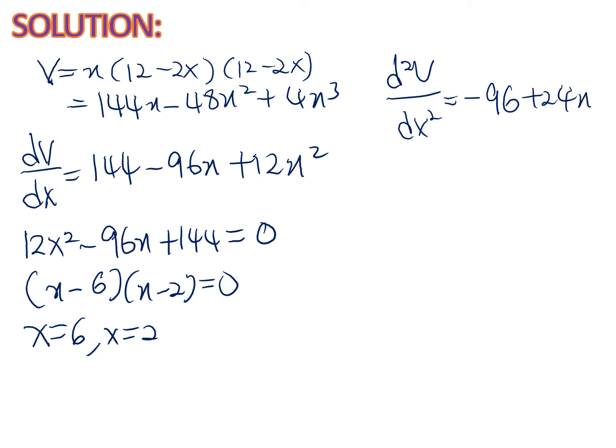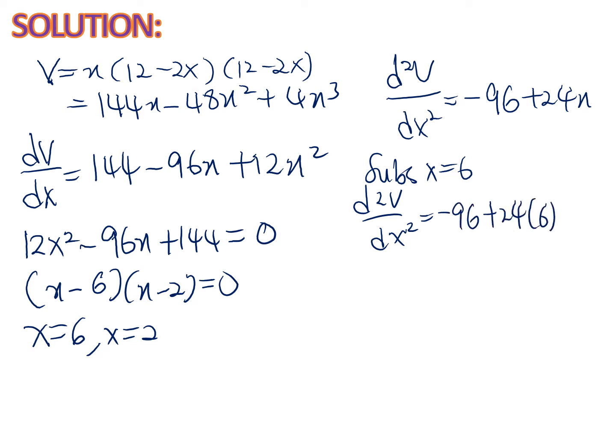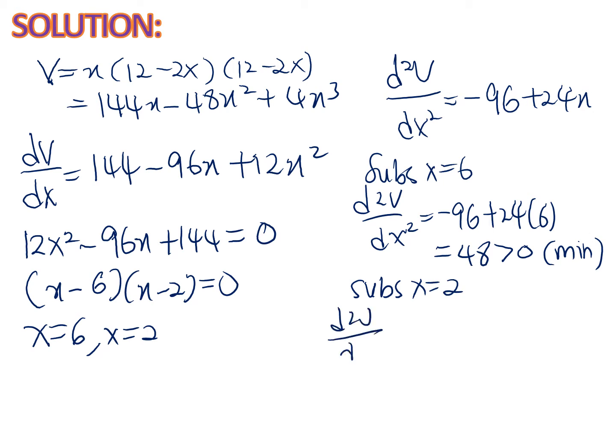Then we substitute x equals 6 first into the second derivative. We will have negative 96 plus 24 times 6, which implies 48, where 48 is greater than 0, that means it's minimum. Then we substitute x equals 2 into the second derivative.